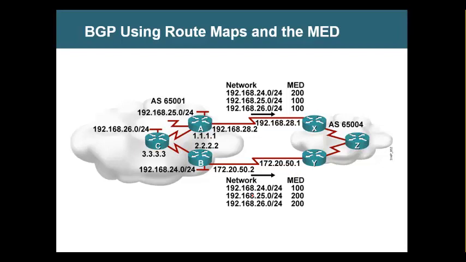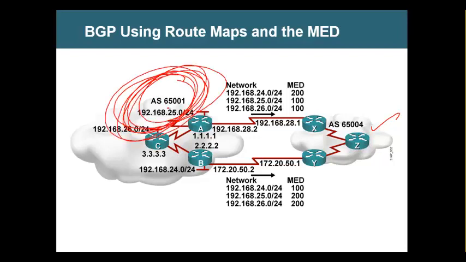Based on the output that you see here, tell me, if Z wants to go to 172.16.25, what will be the preferred path? Will it be via X or via Y? To reach 25.0, which is in here.